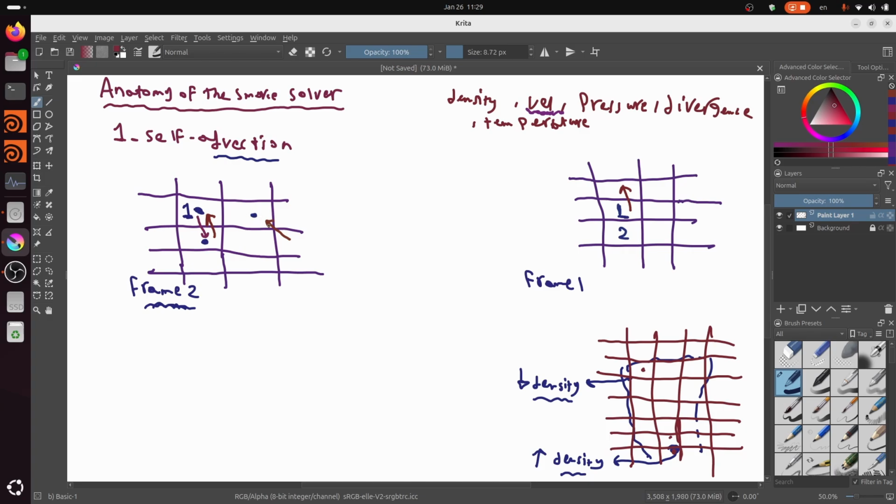So I want to go back in time and see. And when I go back in time, I see the value of this voxel was at this voxel here. And what was the value of this voxel at the previous frame? For example, if the value of this voxel at the previous frame was 4, Houdini will assign 4 to the current frame.